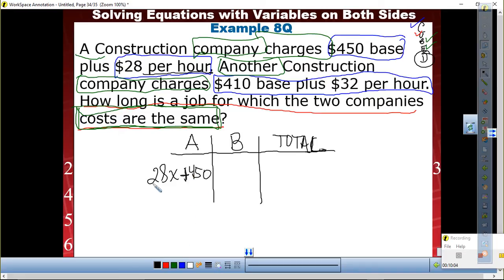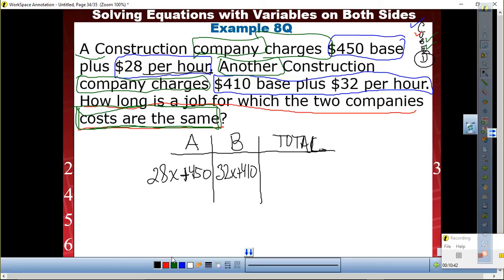So look at the expression for company A. See if you can write the expression for company B right here. Tell your neighbor the expression for company B, please. Tanya, go. 32x plus 410. Hands if you got that.